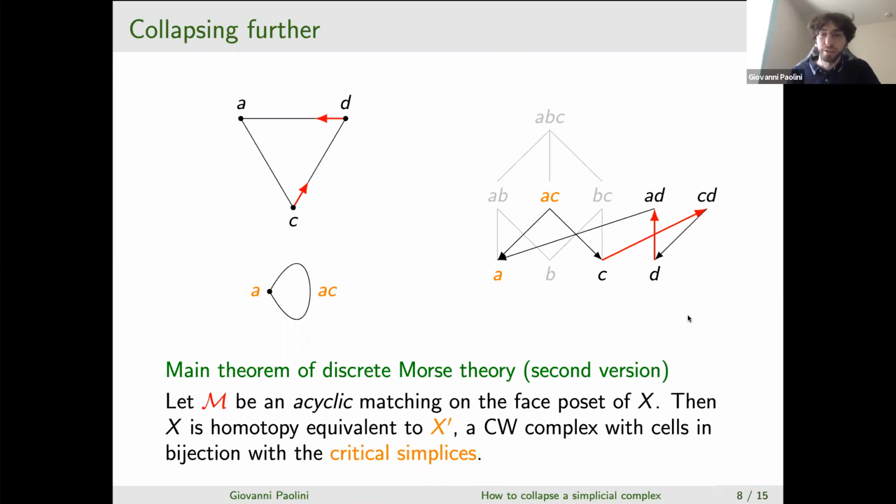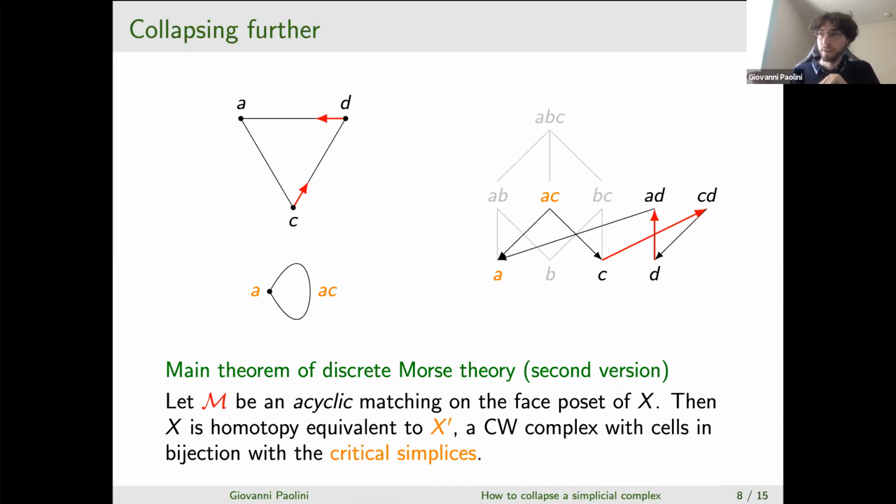And we obtain a result which is, let's say, weaker, or at least less explicit, because we have that our initial complex X does not deformation retract onto a subcomplex, but rather it is homotopy equivalent to a new complex, X prime, which is not necessarily simplicial anymore, as you can see from this case here.